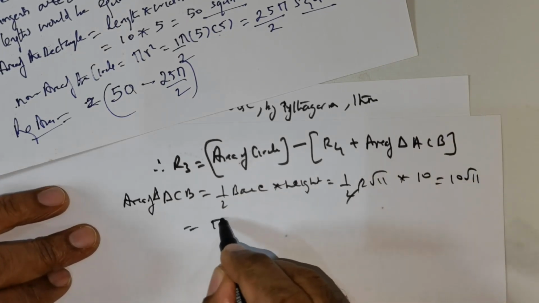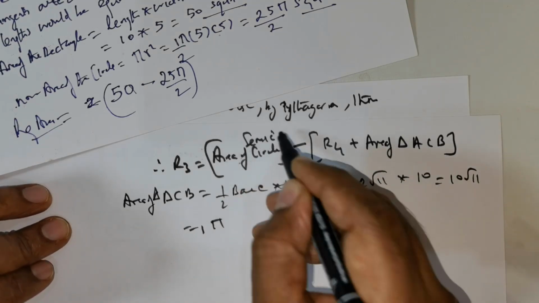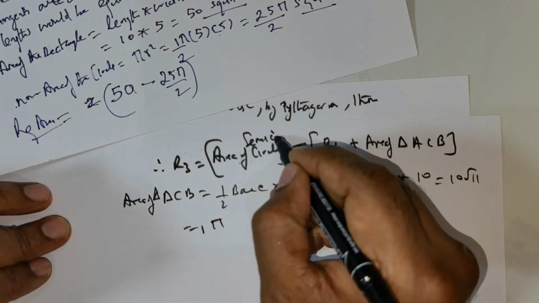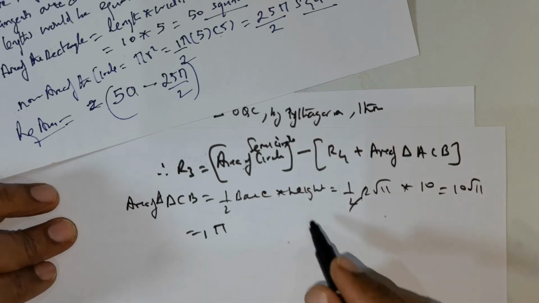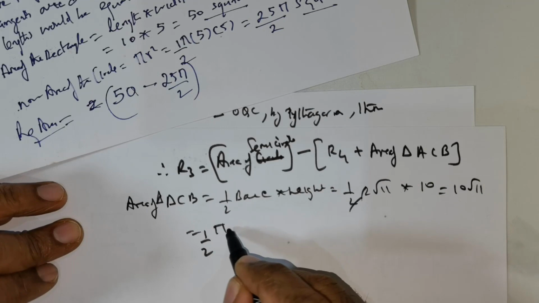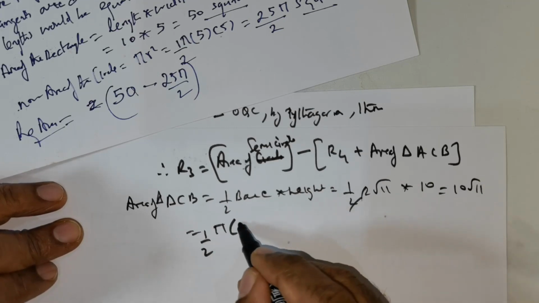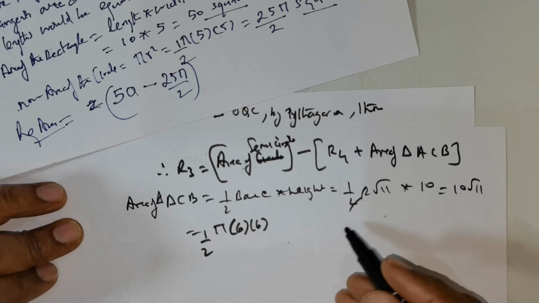So the area of the circle is, it's a semicircle. Area of the semicircle, that's important. So we are dealing with a semicircle. The area of the semicircle is nothing but 1 over 2 times pi r squared. My r is 6 units, so 6 into 6.